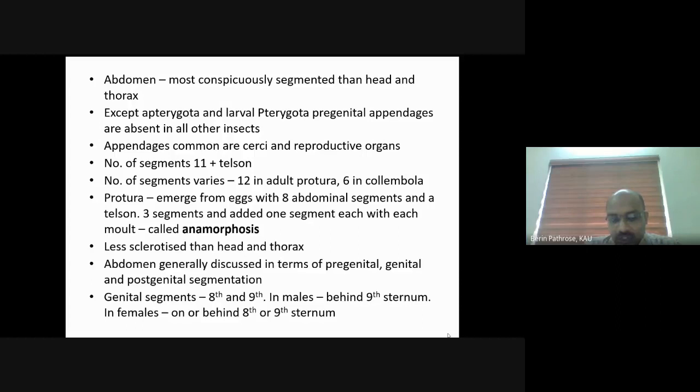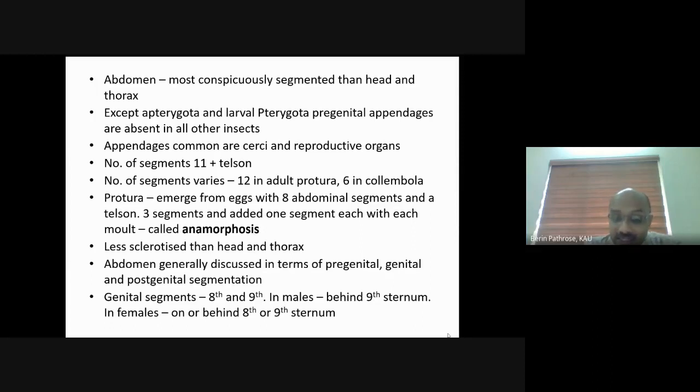At the time of hatching from the egg, the insect will have 8 abdominal segments only. But with each molt, I think you remember what is molting, the insect will add 1 abdominal segment. So at hatching, the young one has 8 segments in the abdomen. After the first molt, it will have 9 segments, after the second molt 10 abdominal segments, and after the third molt it will have 11 abdominal segments, and there will be a telson after this.